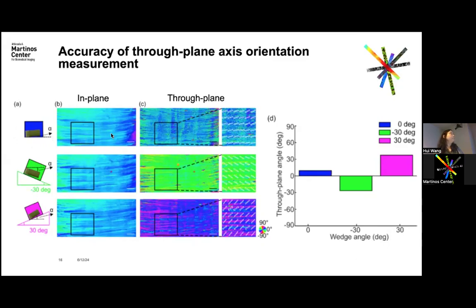But the in-plane orientation, we didn't change across the three setups. That's our estimation through the algorithm: the in-plane orientation remains the same, while the through-plane shows different colors. When you look at the angle, the angular difference is 30 degrees between the 0 and plus or minus 30-degree setups. Importantly, we also found that we can accurately resolve the sign of the through-plane orientation.